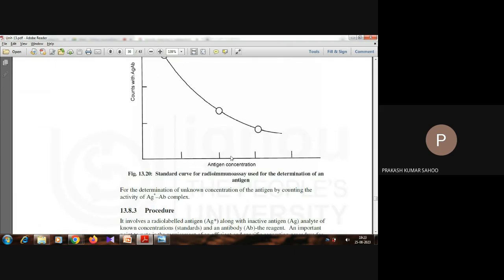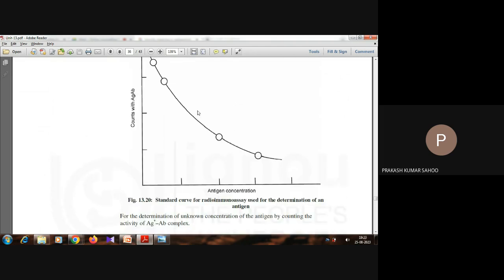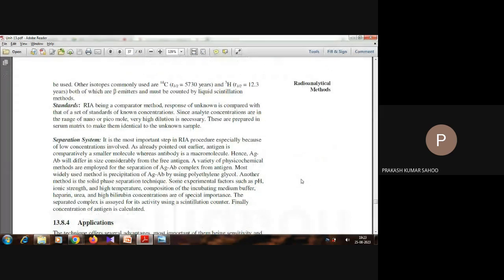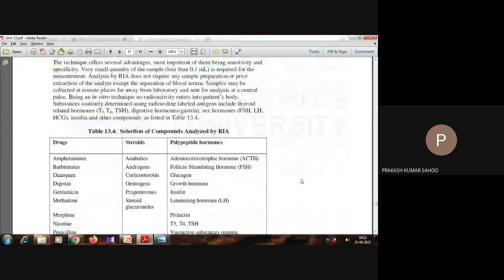So these are the antigen count and the silver antibody concentration counts. These are the procedure, and then the application part. So many things are there in one unit. These are the drugs, these are the steroids, and polypeptide hormones are here.